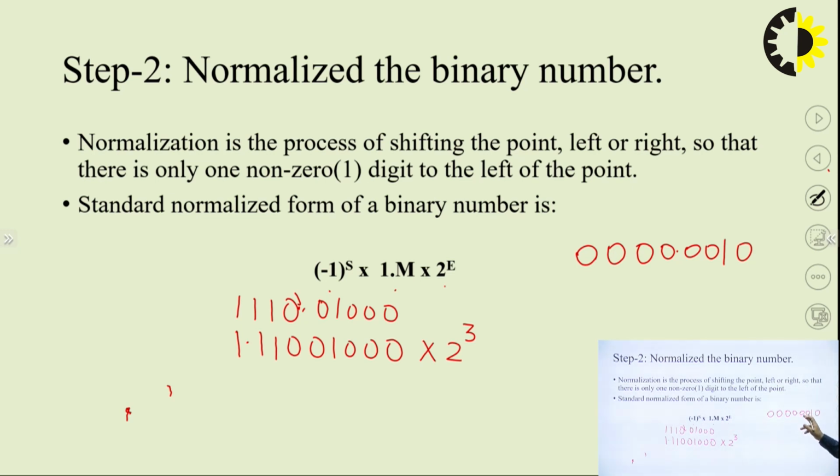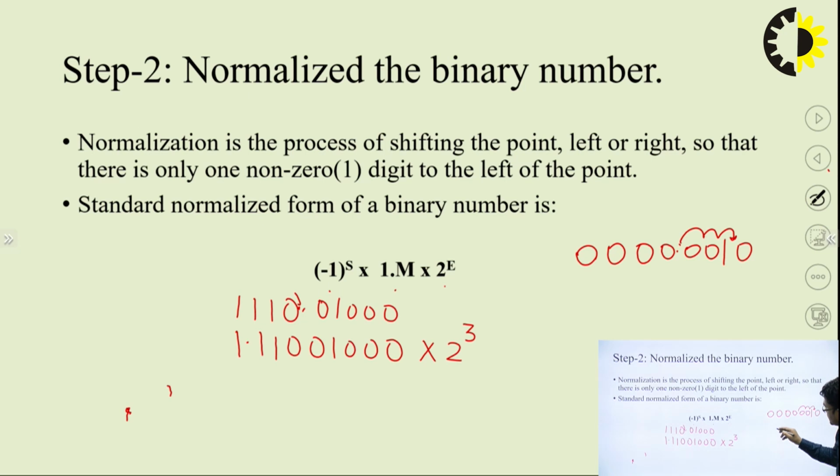Again we need to shift the point so that we have one non-zero digit to the left of the point. So in this particular example, we have to shift the point towards the right side. How many times? 3 times.